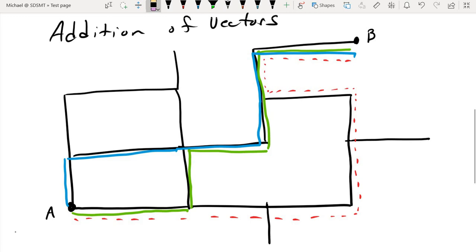And if you notice, we're still getting from point A to point B, even though we took different routes.